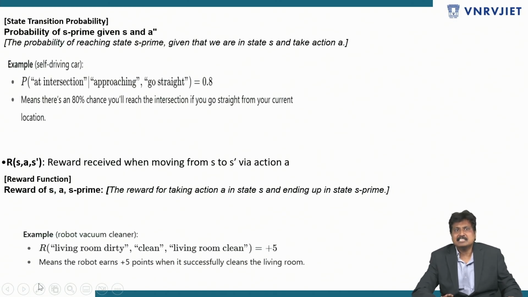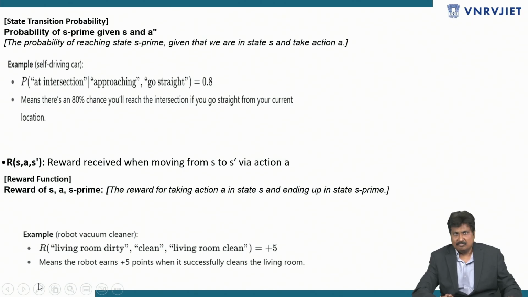Here S is the current state and A is an action. S prime is the next state based on that action. So it is the probability of reaching state S prime given that we are in state S and take action A.